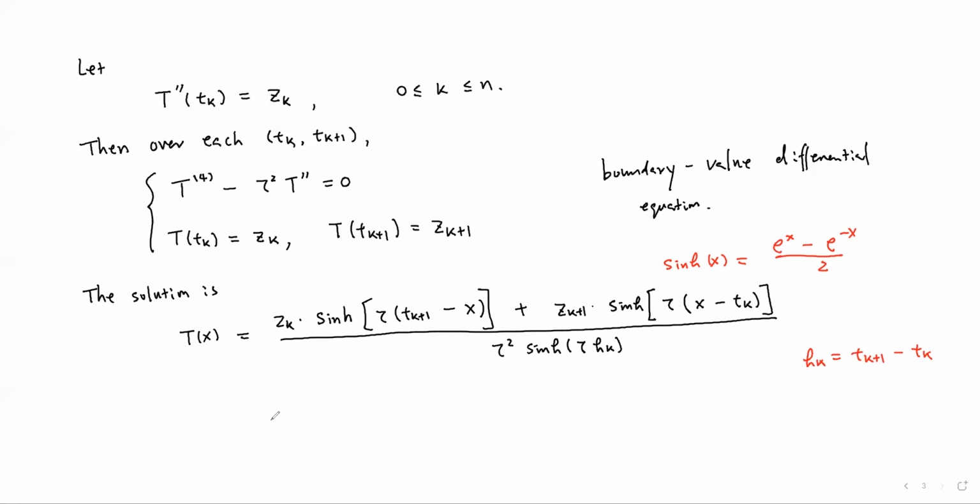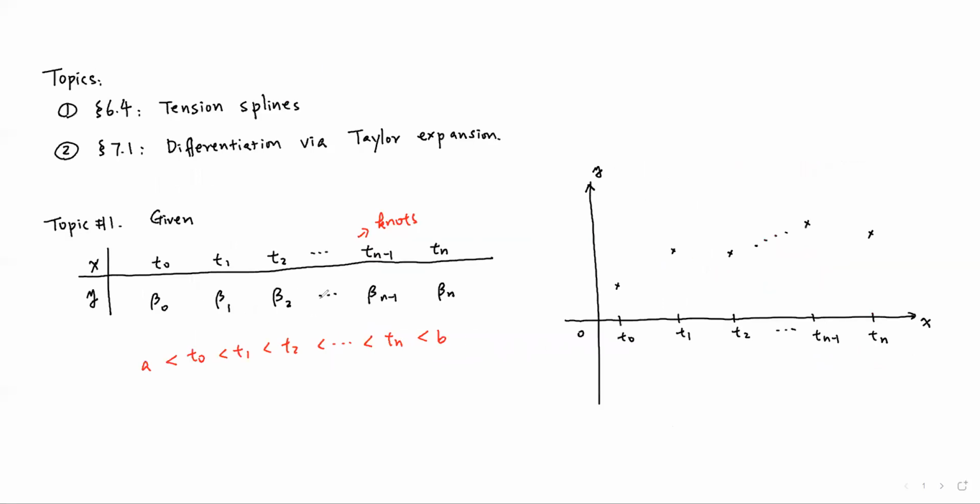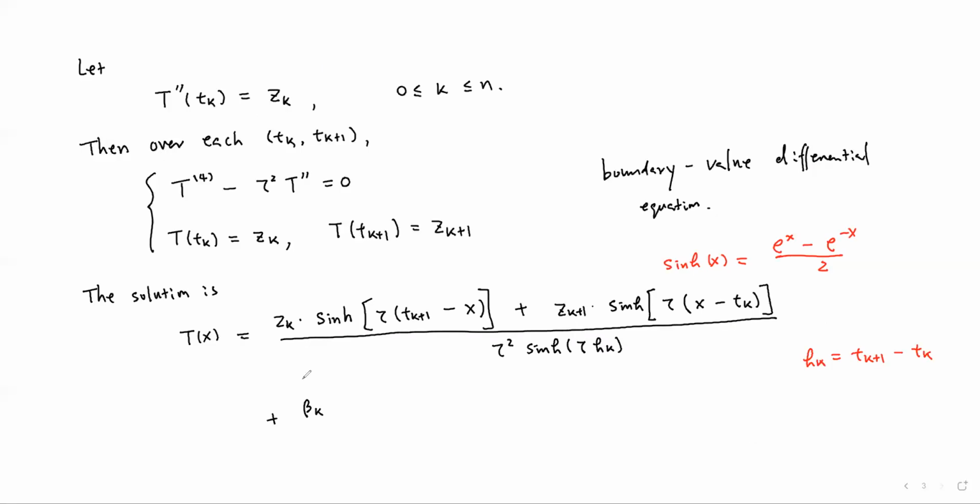Then plus beta k. What is beta k? Beta k is given to us below. Beta k minus ck, we don't know, over tau square, times tk plus 1 minus x over hk.